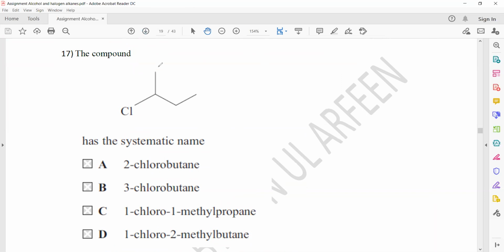When we number the carbon atoms, numbering should start from the nearest branch or double bond or functional group. At the second position we have a chlorine. So it's 2-chloro, because there are 4 carbon atoms, but, and single bonds. So it is 2-chlorobutane.